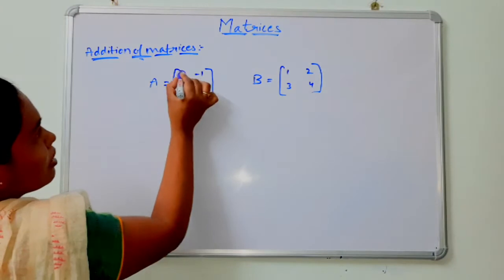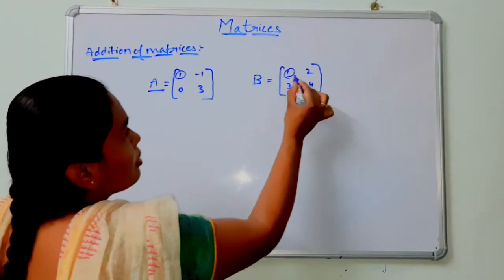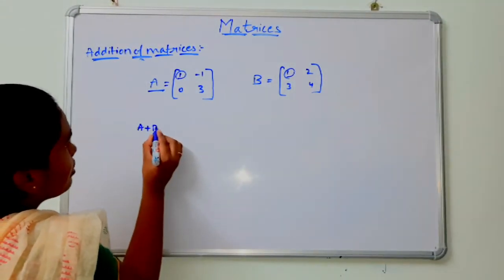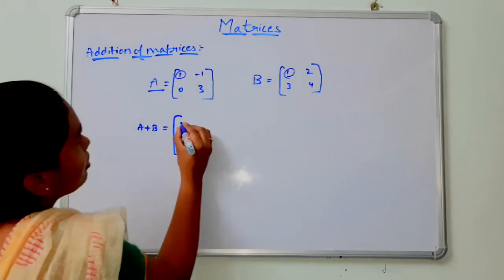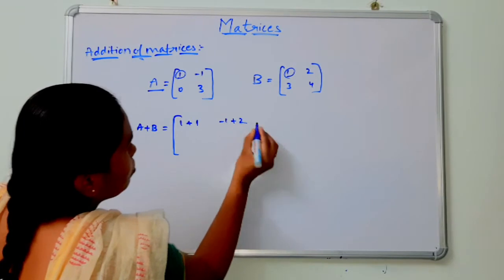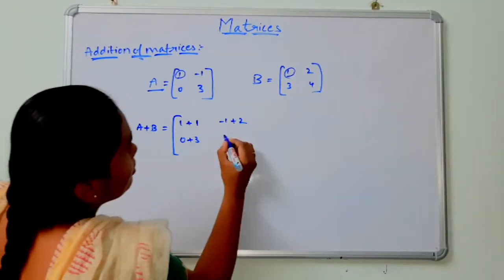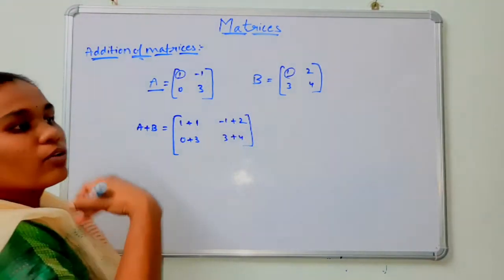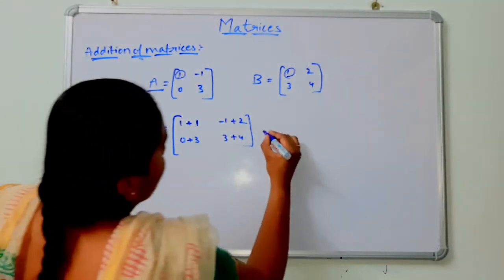By adding the first element of the matrix A to the corresponding first element of the matrix B. Here let us see A plus B: 1 plus 1, next minus 1 plus 2, next 0 plus 3, next 3 plus 4. Adding the elements of the matrix A to the corresponding elements of the matrix B is known as addition of the matrices.